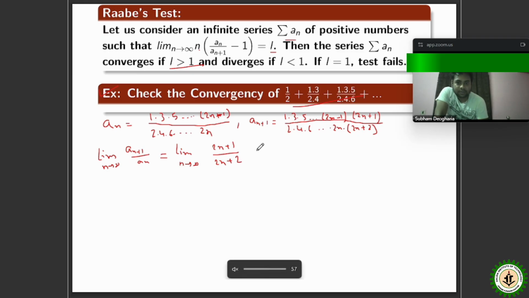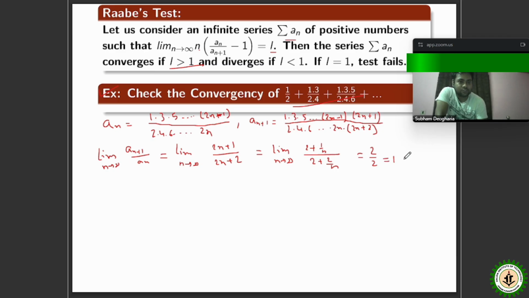This will give actually limit n tends to infinity (2 plus 1 by n) by (2 plus 2 by n). This will give 2 by 2, which is 1. So L is actually equal to 1. So D'Alembert's test fails.